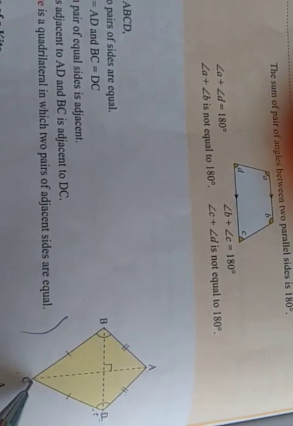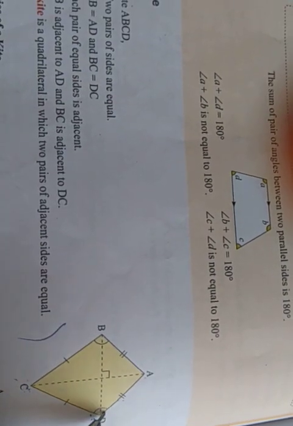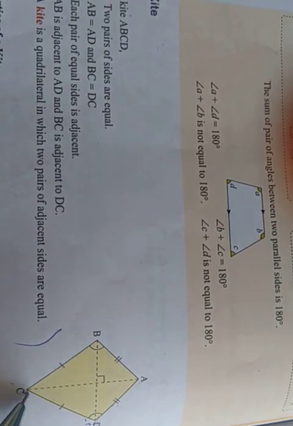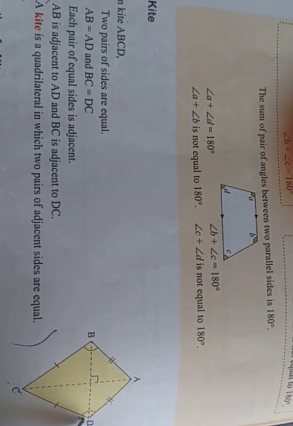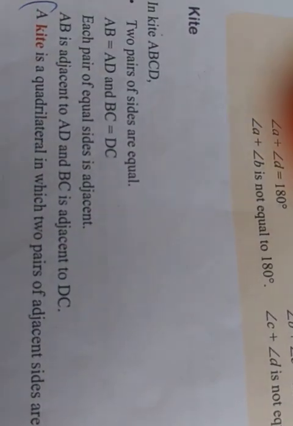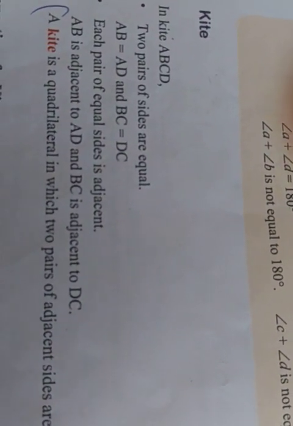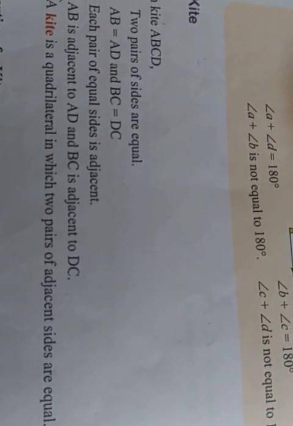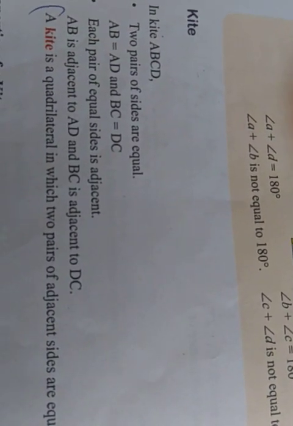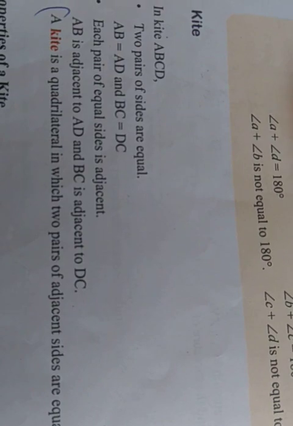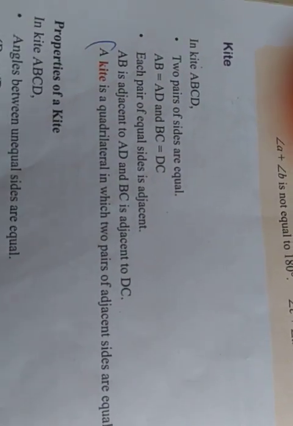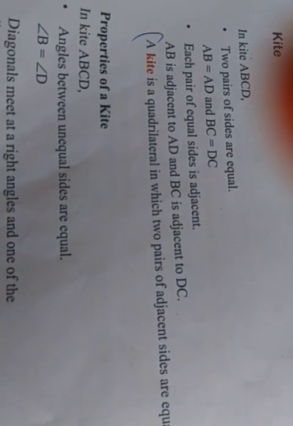Similarly here BC is equal to DC and both these sides are adjacent to each other. This is about kite. Now let's learn about properties of kite.